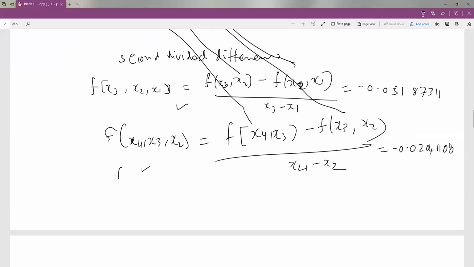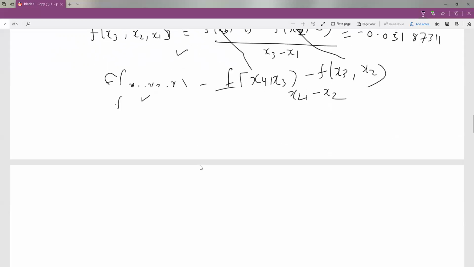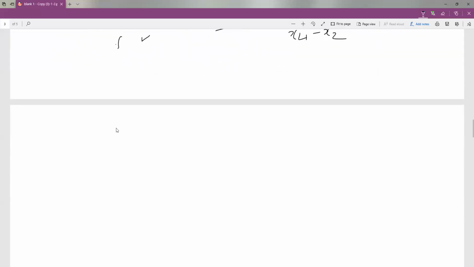And the third divided differences can be, this was the second divided differences. Third divided differences can be written as f of x4, x3, x2, x1.